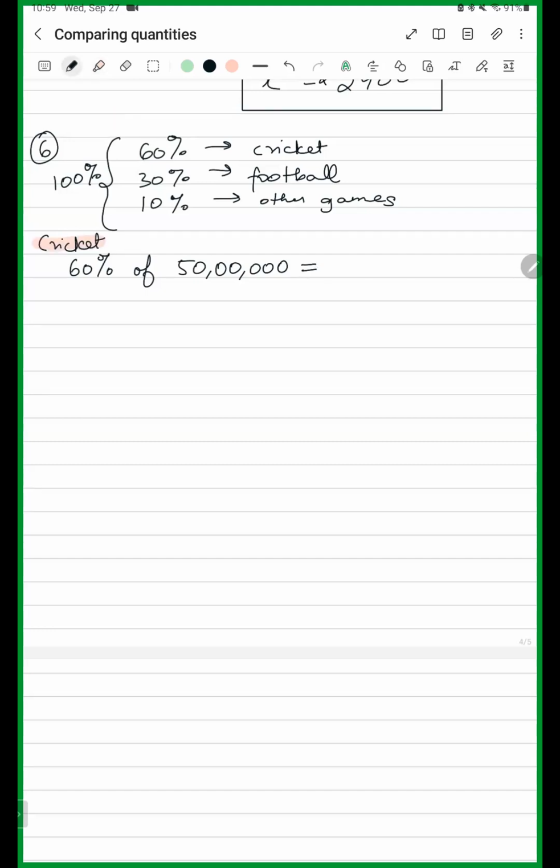Then find the 30% who like football, of 50 lakh, because that is the total number of people who live in that city. And then you have to find the number of people who like other games, which is 10% of 50 lakh. So find this.